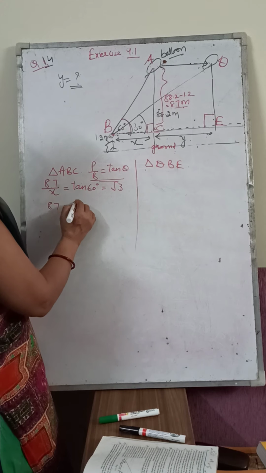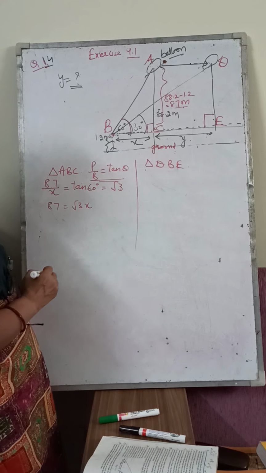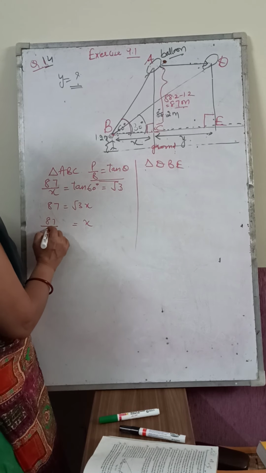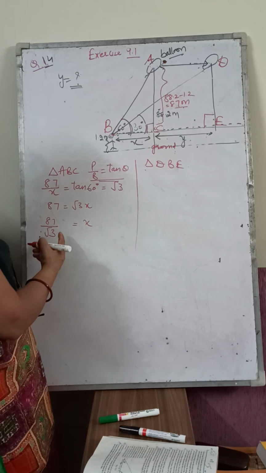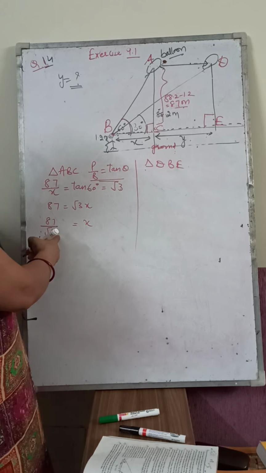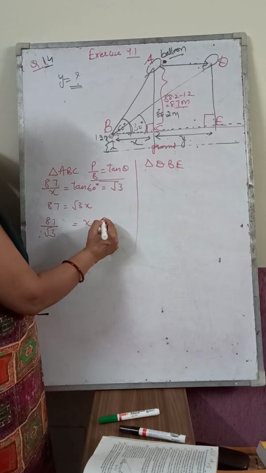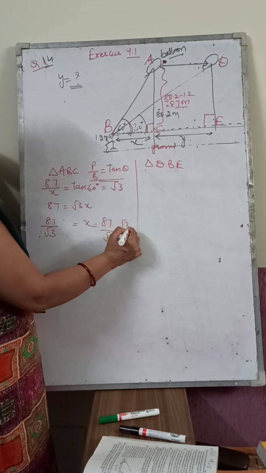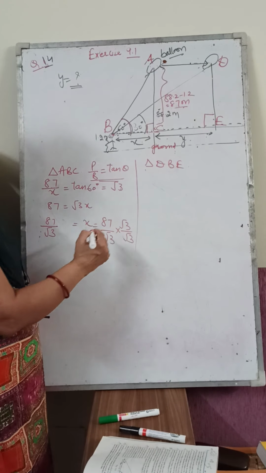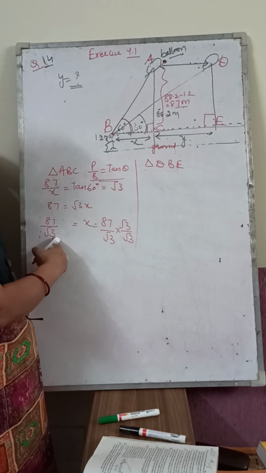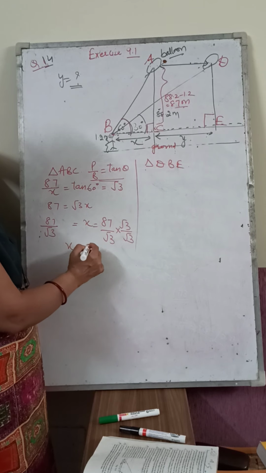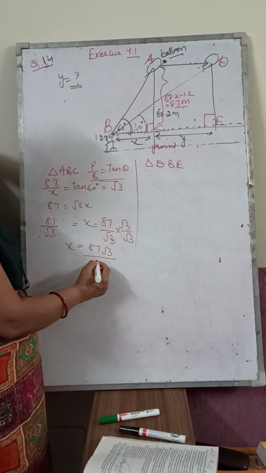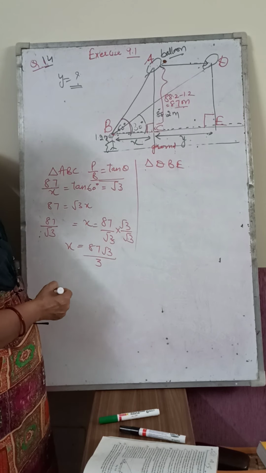87 is equal to root 3 into x. x is equal to 87 upon root 3. Let's not keep the root in the denominator. It will be 87 upon root 3, multiplying root 3 up and root 3 down, rationalizing the denominator. x will be 87 root 3 upon, now root 3 into root 3 is 3.